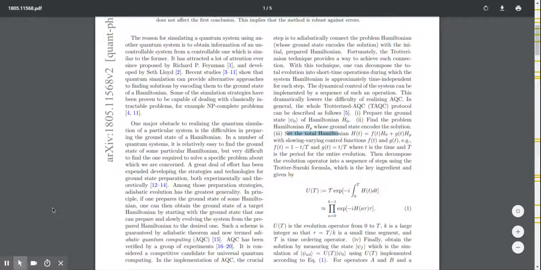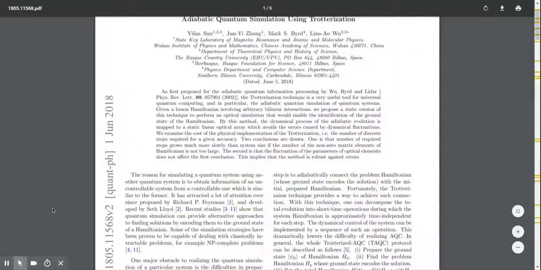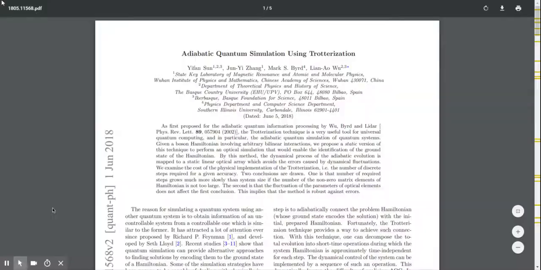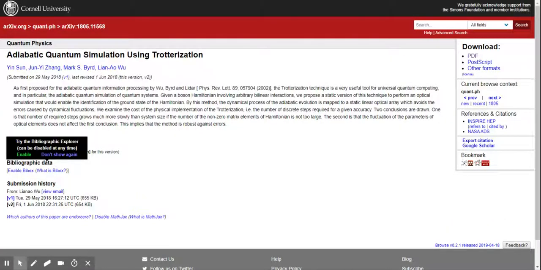Set the total Hamiltonian with slowly varying control functions f(t) and g(t), where t is a time and T is the period. Is that you're parameterizing these somehow and then evolving step by step and seeing how this evolves with time? I don't know. That all doesn't make sense to me right now. But I can't seem to find anything else in here.